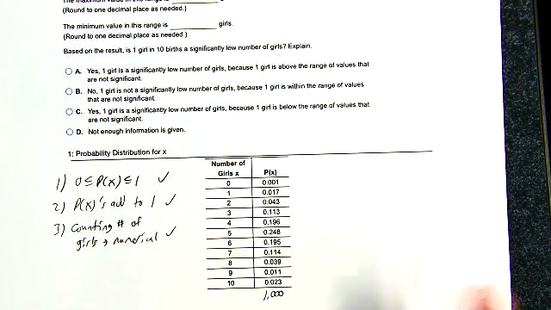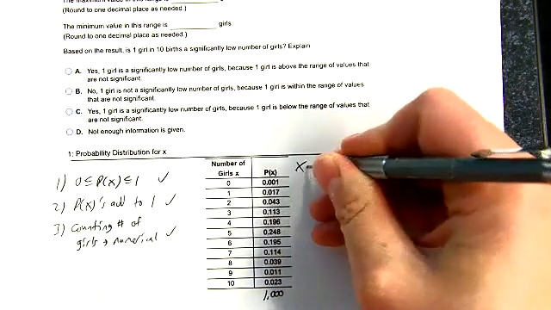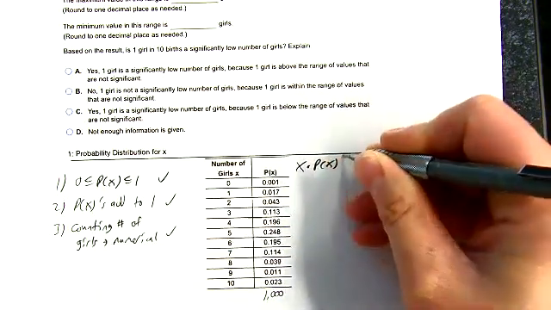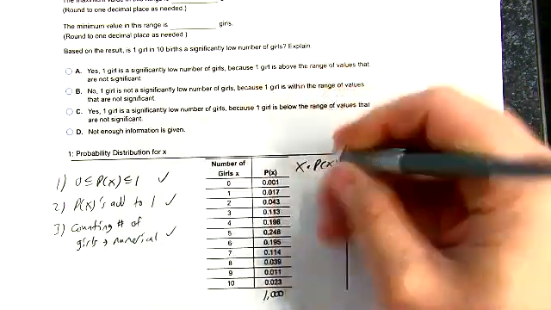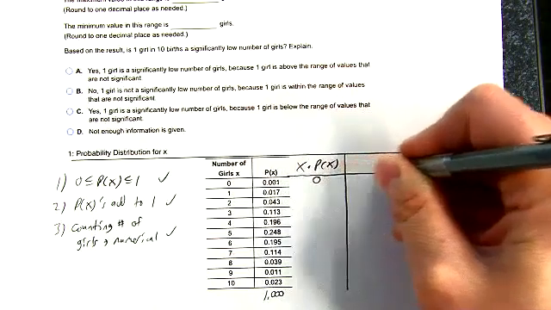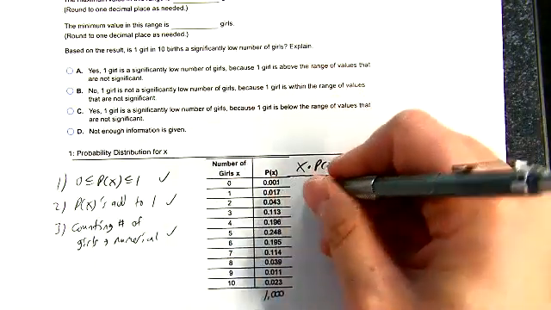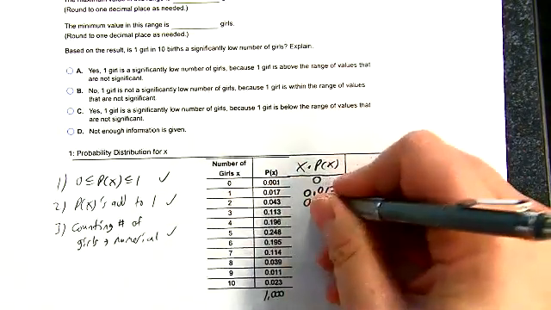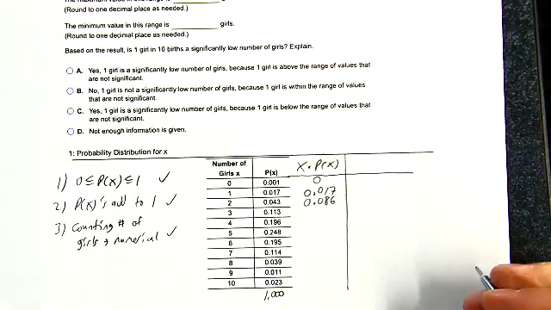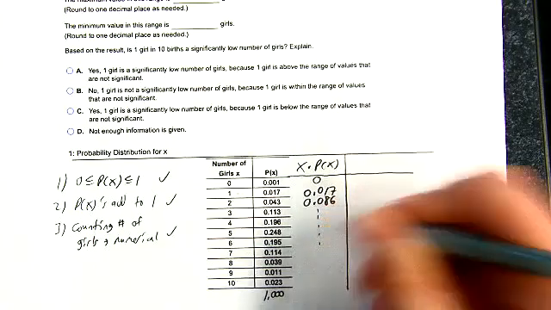So how would we do this? This is where I would add a column and just do x times P(x). And you just go in and you multiply across. So 0 times this is 0. 1 times this would be the same number spit back at us. 2 times this would be 0.086. Dot, dot, dot. Continue that pattern.